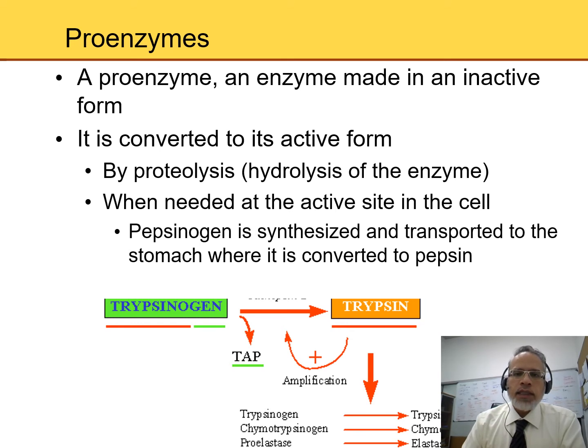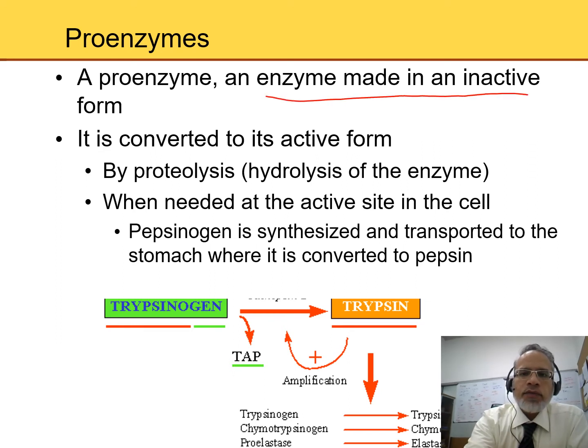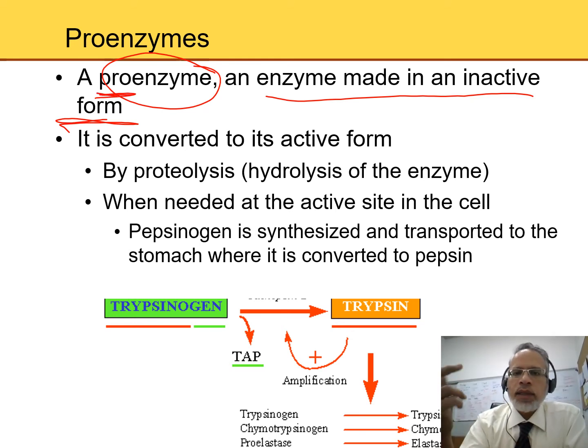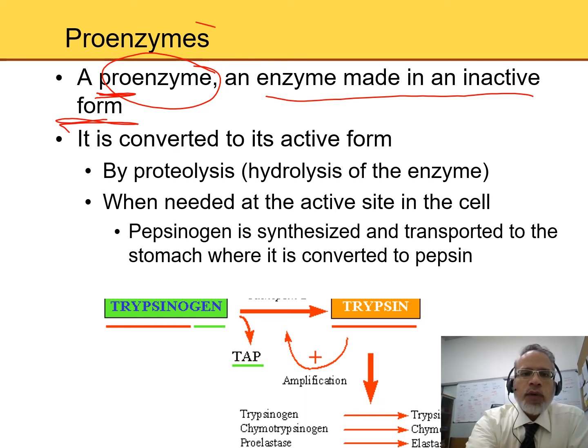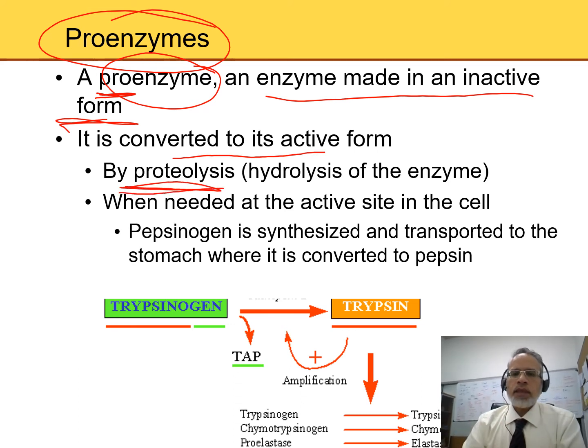So in this way of controlling enzyme activity, you have enzymes that are made in an inactive form, and since they're not active, we call them proenzymes, like before they're ready to be enzymes. So proenzymes are enzymes that are made in inactive form, and these proenzymes can be converted to the active form by proteolysis.